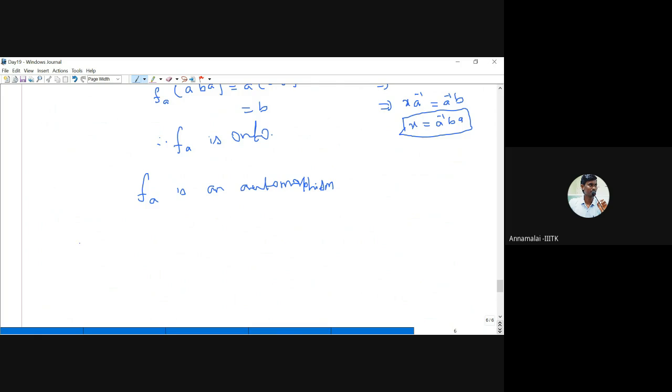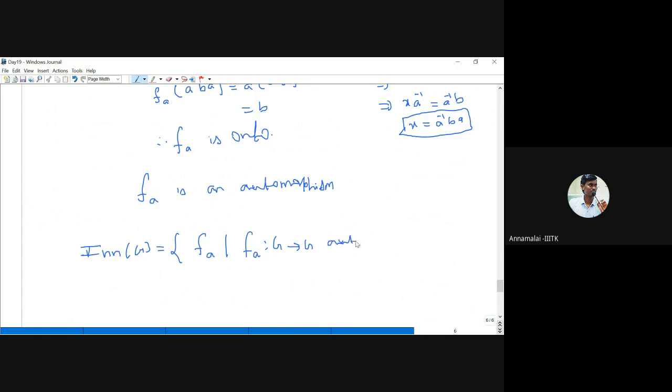So therefore, we use the notation Inn(G). That is, the inner automorphism of G is nothing but the collection of all the functions of the form f_a, where f_a is a function from G to G.